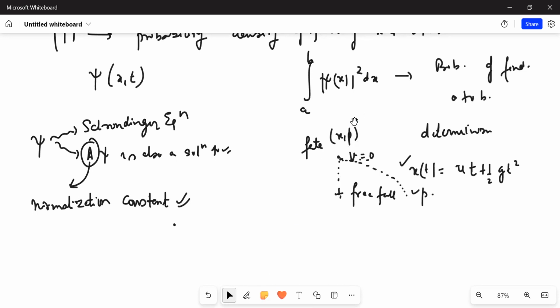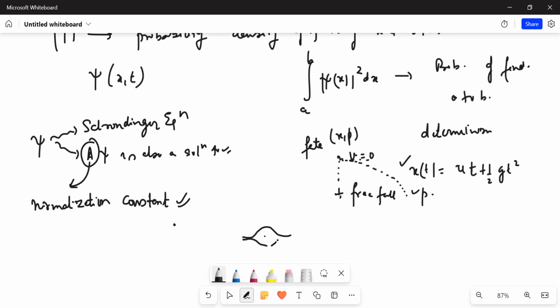Further, we understand from the development of quantum mechanics that a particle in space can be represented by a wave function. We are going to discuss all these things in greater detail, like wave packets. If this is a particle, how do we represent it?